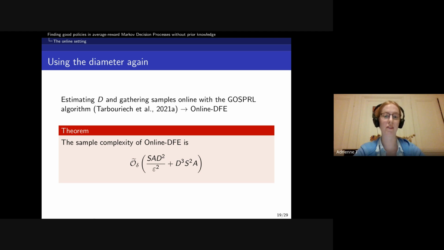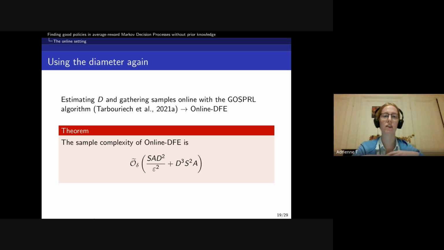There are algorithms that do that. And so once you have estimated your diameter, then you can take your best policy identification algorithm, and you can mix it with the GoSPRL algorithm.